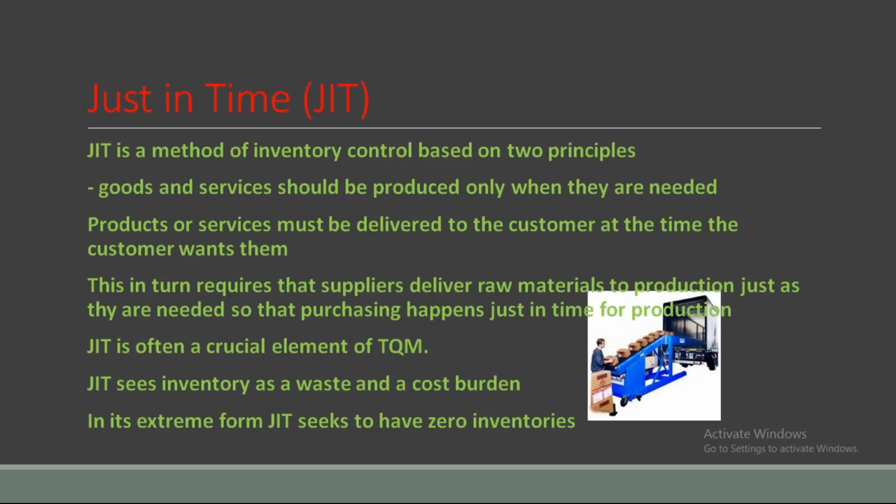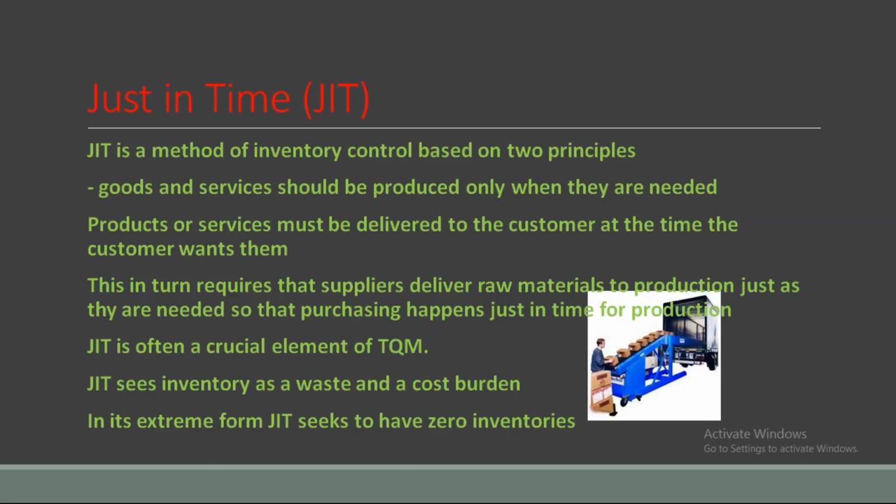JIT always sees inventory as a waste, as a burden, as an unnecessary financial tie-up. So they don't want inventory to be there. And the ideal scenario is to have zero inventories. But so far, I don't think there's any organization where we have zero inventories.